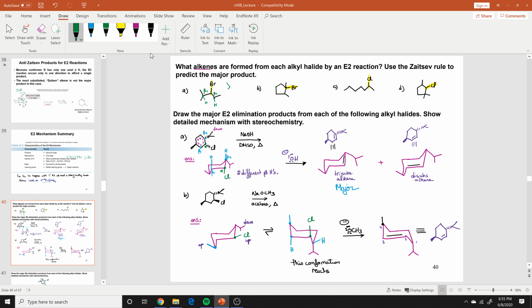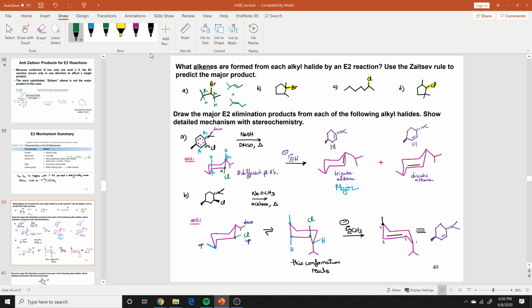Then let's go ahead and draw our first alkene. Plus, if the base comes and takes this hydrogen, then the double bond is going to be here so that the bromine leaves. Then I'm going to end up getting a double bond over here, and this is going to be the second.